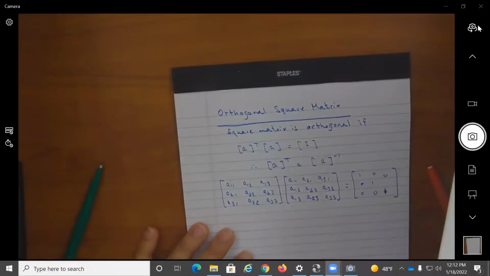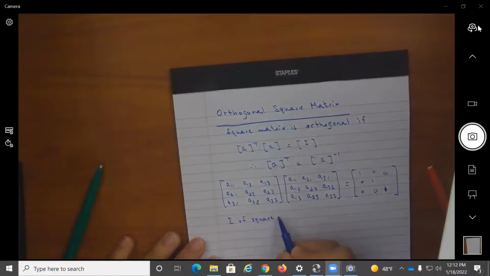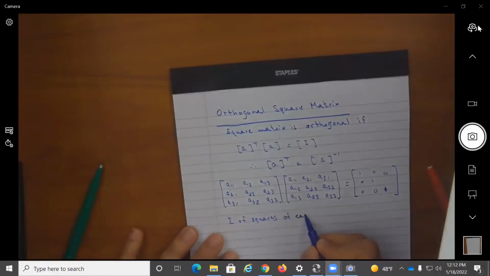We can learn from that the sum of the squares, sigma of the squares of each element in any row or column is equal to 1.